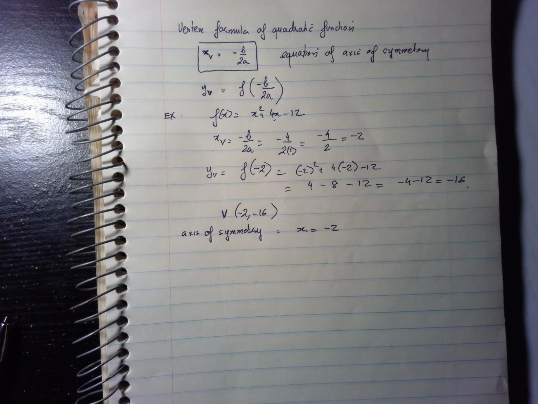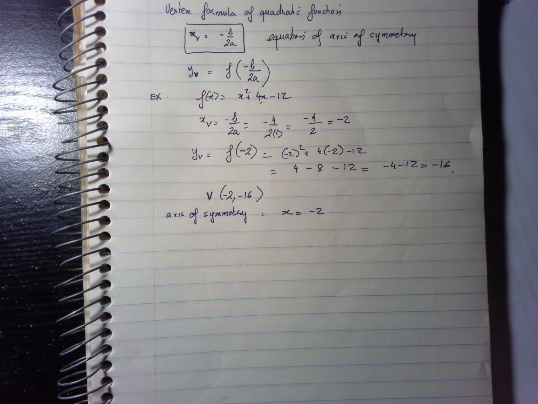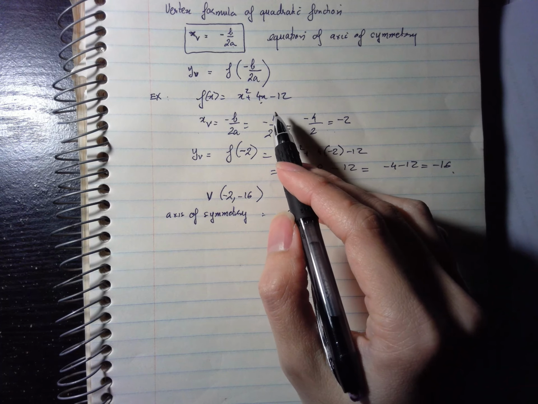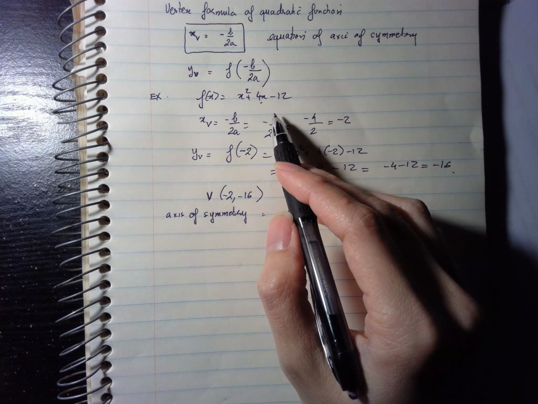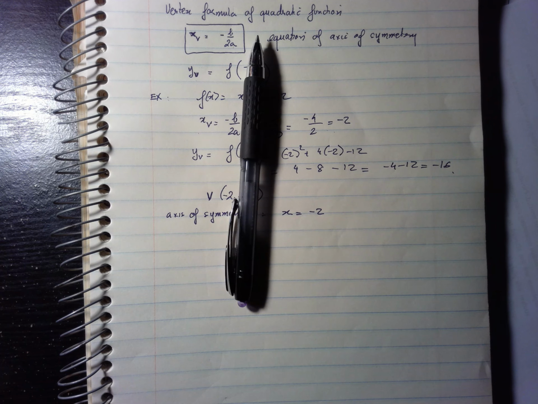Okay, let me graph one of the quadratic functions so that you can understand the graph also. Let me graph this anyway. Because this is negative 12, it's too big, so let's pick something with a smaller number.